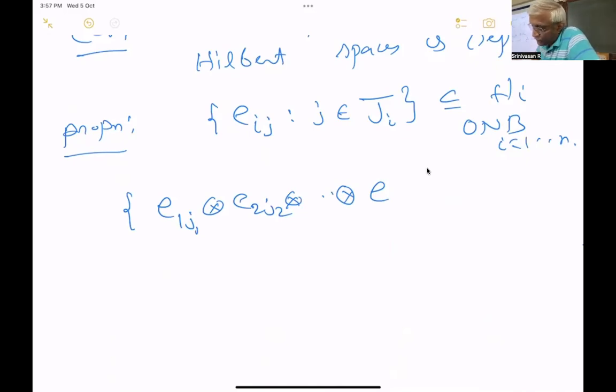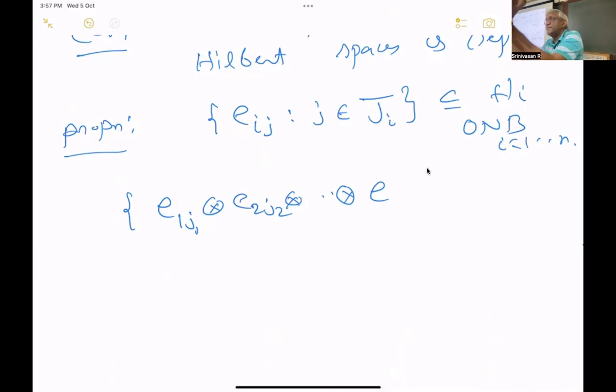Okay. So for the proof, first you have to verify that this is an orthonormal set. If you have e_1 j_1 tensor up to e_n j_n and e_1 k_1 tensor up to e_n k_n, then that is just going to be the product for i equal to 1 to n of the inner product of e_i j_i and e_i k_i. That is equal to the product of the delta j_i k_i, right?